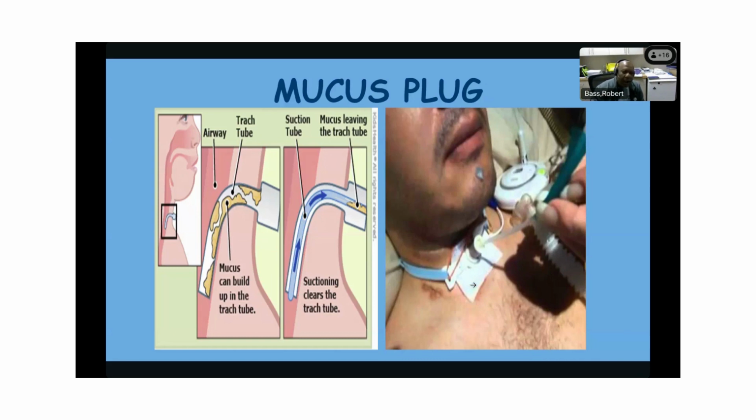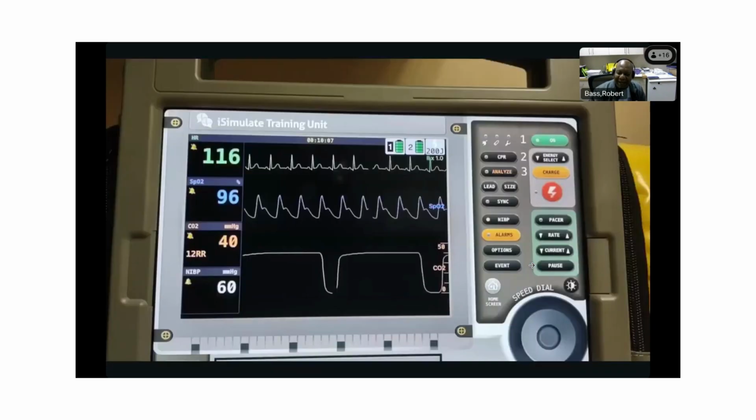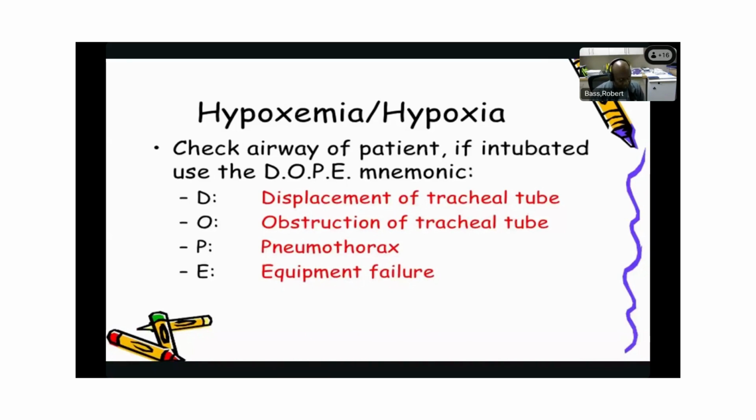Now, a troubleshooting mnemonic that can be used to help you identify problems with any airway or any tube, ET tube, supraglottic tube, basically any tube, is DOPE.